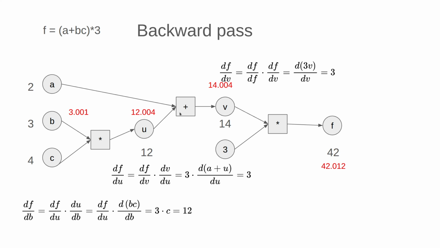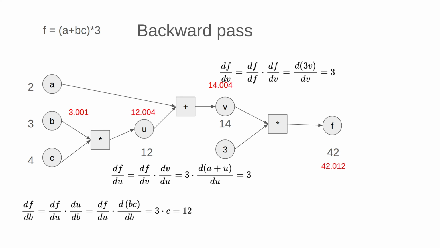For example, it will call the df of du here and pass this value to the backward function. Since dv over du is 1, inside the backward function of the add here, it knows that the dv over du will be 1.